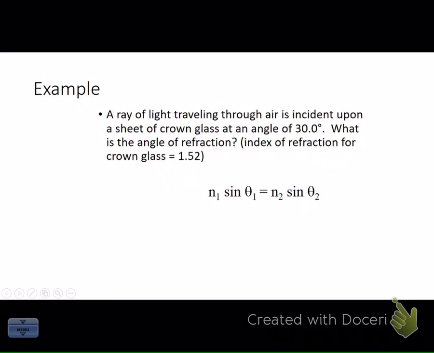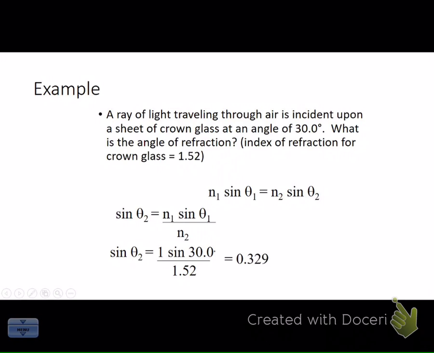So all we do for this is plug in. We have air. So remember, N for air is 1. We're going to plug in 30 degrees. Remember, the incident angle is always to the normal as well. And then we're going to divide that by N2, solve for sine theta, and get 0.329.